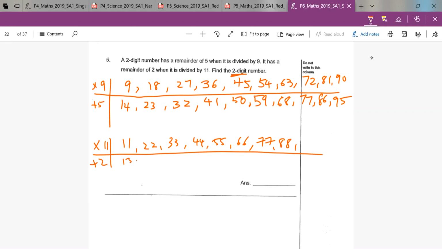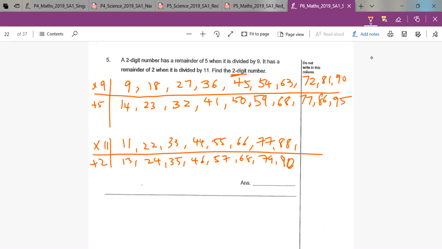So adding 2 gives 13, 24, 35, 46, 57, 68, 79, and then this is not 91, it's 90.